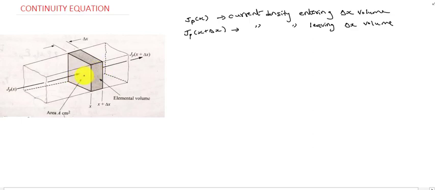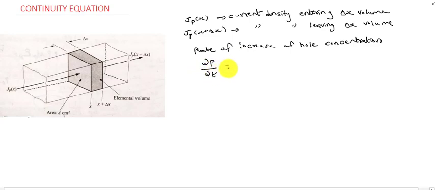So we have defined Jp of x and Jp of x plus delta x, and we have to find the rate of increase of hole concentration, or the rate of hole buildup in this semiconductor, that is dou p by dou t.